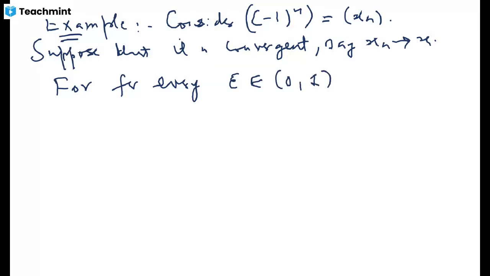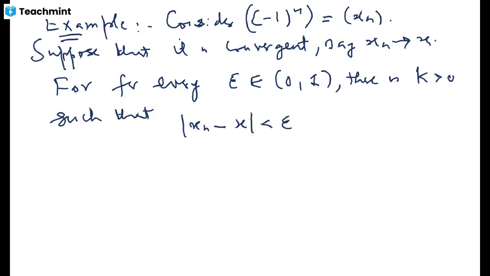By the definition of convergence, I will be able to find a natural number k, greater than 0, such that the distance of the terms after k from x is less than epsilon. And this is true for every n greater than or equal to k.